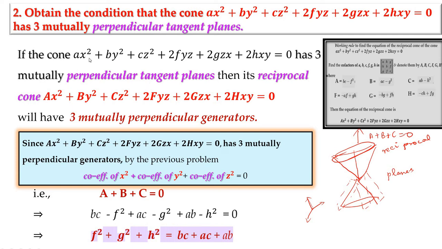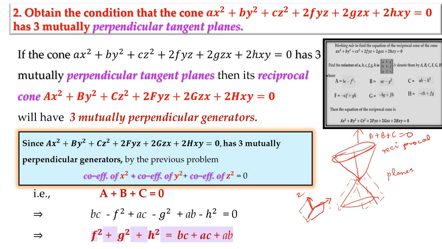Now this is the given cone, which is touched by three mutually perpendicular planes. When we consider the normals, they will be the axes actually. For this plane, this is the normal, which is one of the coordinate axes. And for this plane, this is the normal, which is your y-axis. And for this plane, we have this to be the normal.